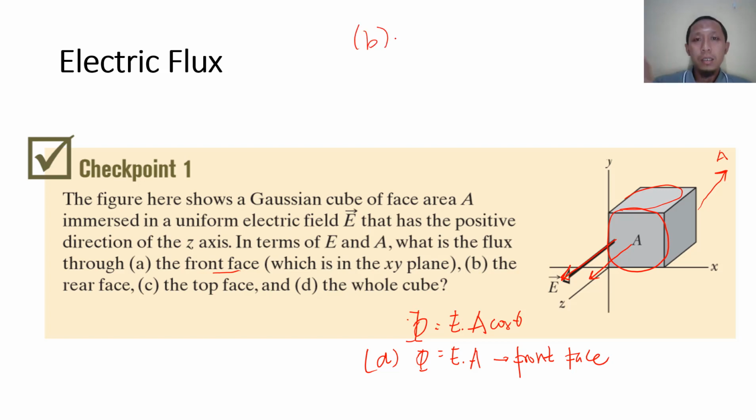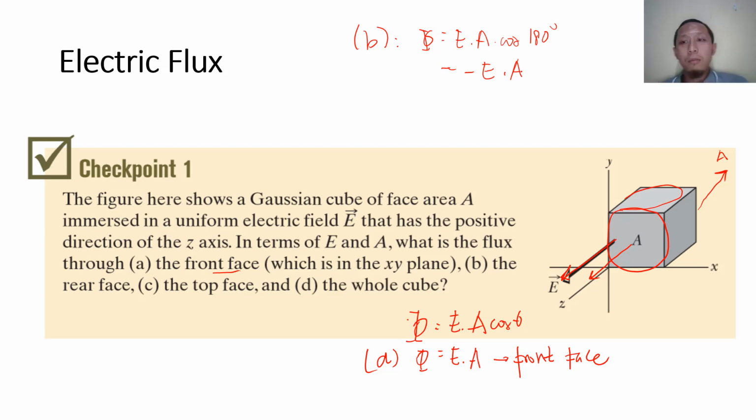So in B, the total flux is E A cosine 180 degrees, and cosine 180 degrees is -1. So we have minus E A. So this is in the rear face.